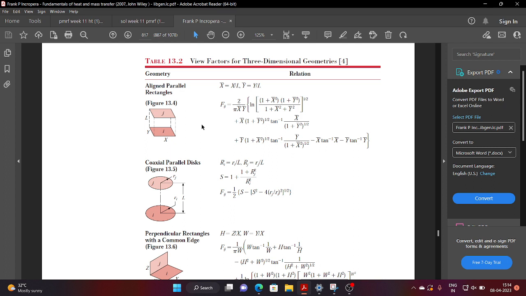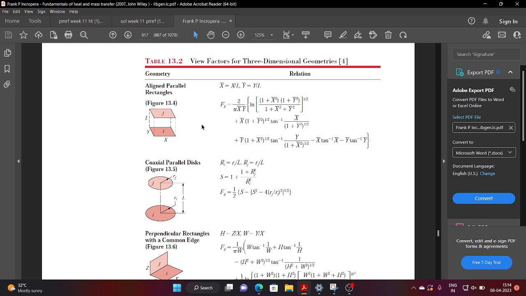That means if you look at the table in the heat transfer book, this is my surface I and this is my surface J, and the shape factor for surface IJ will be a function of x, y, and my height is represented by L. And this is my scaled x and scaled y.